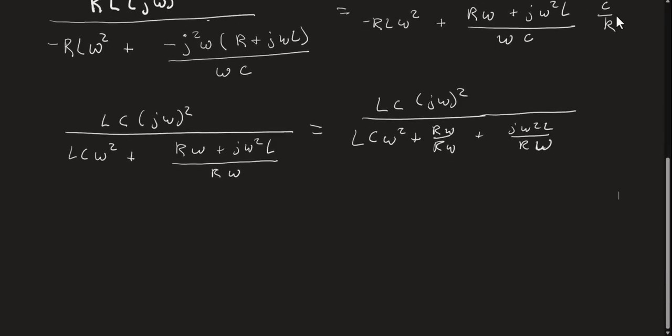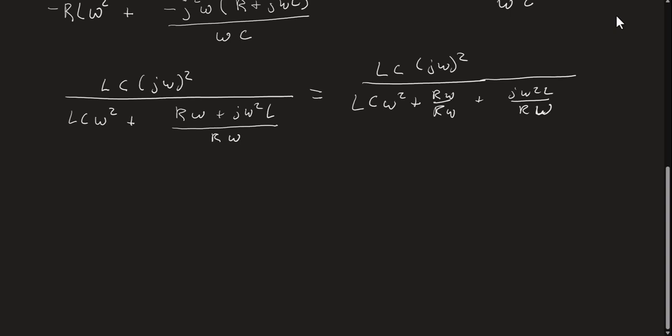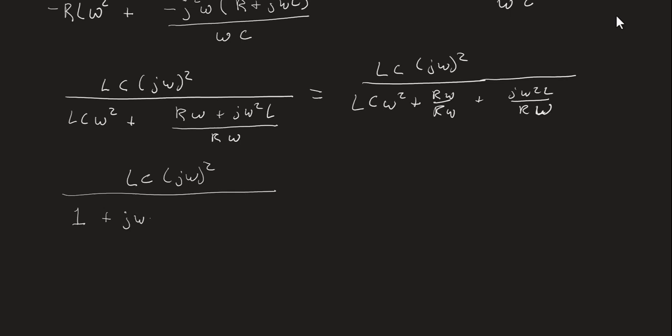Okay, so then we have LC j omega squared over, and then the R omega over R omega, that's just 1. And if you look at the j omega squared L over R omega, one of the omegas cancels, and I get plus j omega times L over R, and then plus LC omega squared.